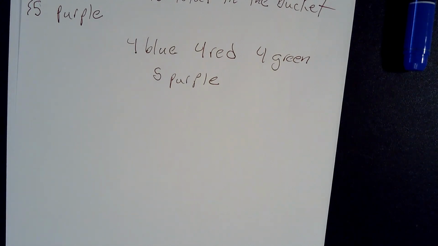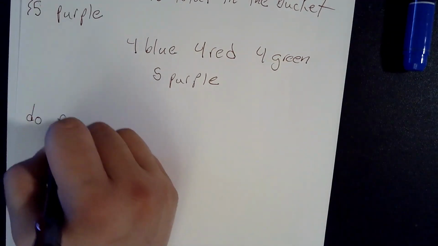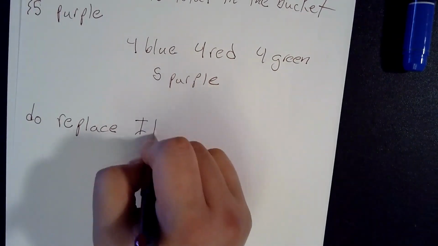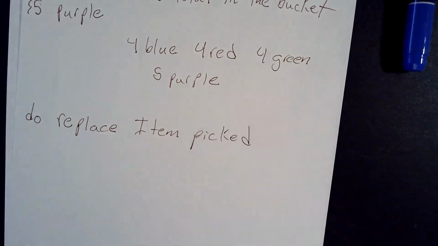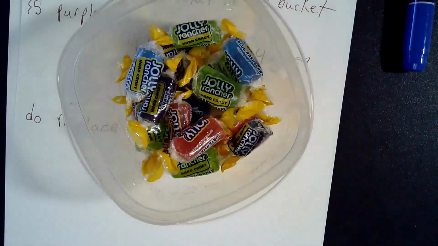So that leads me into saying, oh, what happens when you do replace it? You do replace the item picked, okay? So I now have 20 Jolly Ranchers again, right?